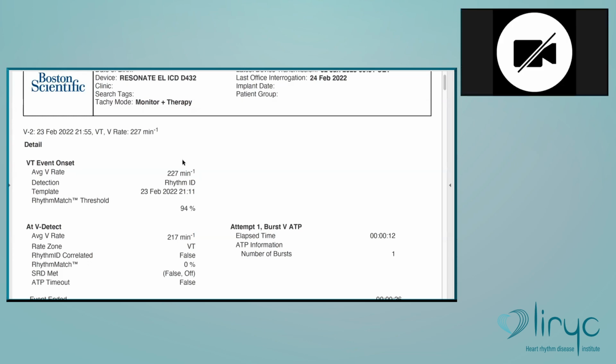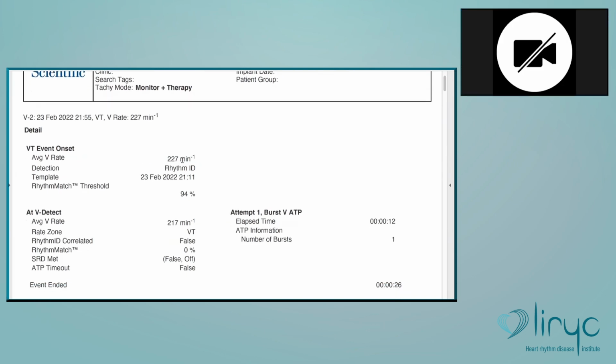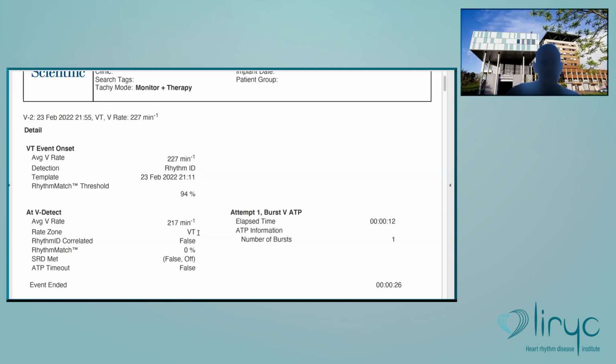Okay, this is an episode classified as VT treated by a burst. Rhythm match 0%. The threshold, which is 94%, is the nominal threshold. The rhythm ID is based on the analysis of the morphology of the signal.